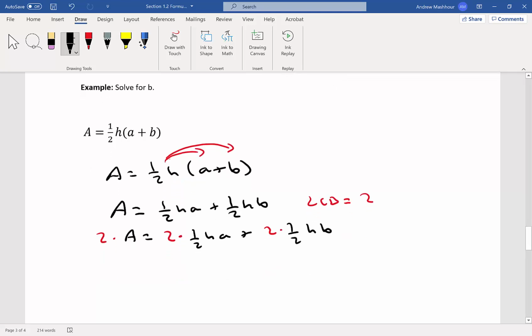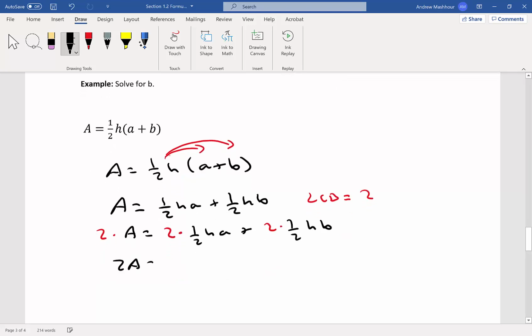Now simplifying, the 2 times A gives me 2A equal to, these 2's cancel out, I'm left with ha plus, and same thing with this term, these 2's cancel out, I'm left with hb.